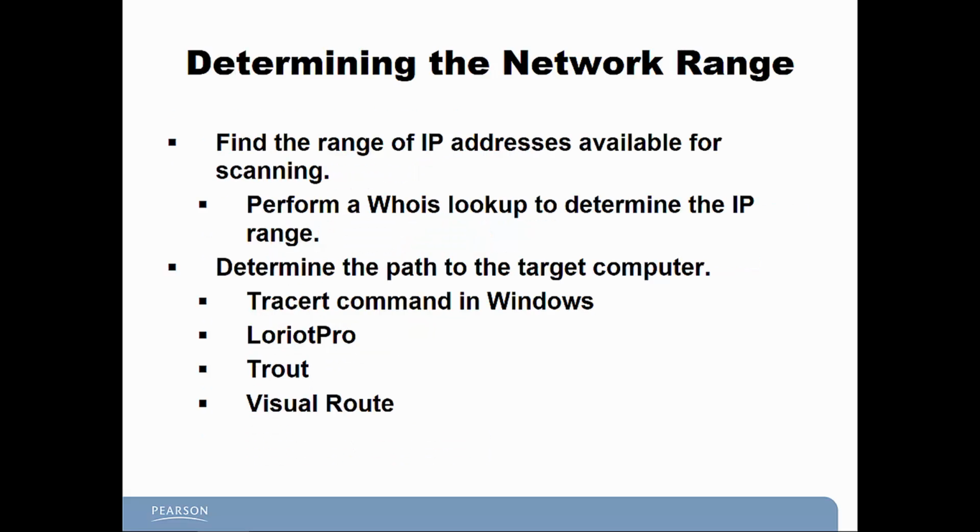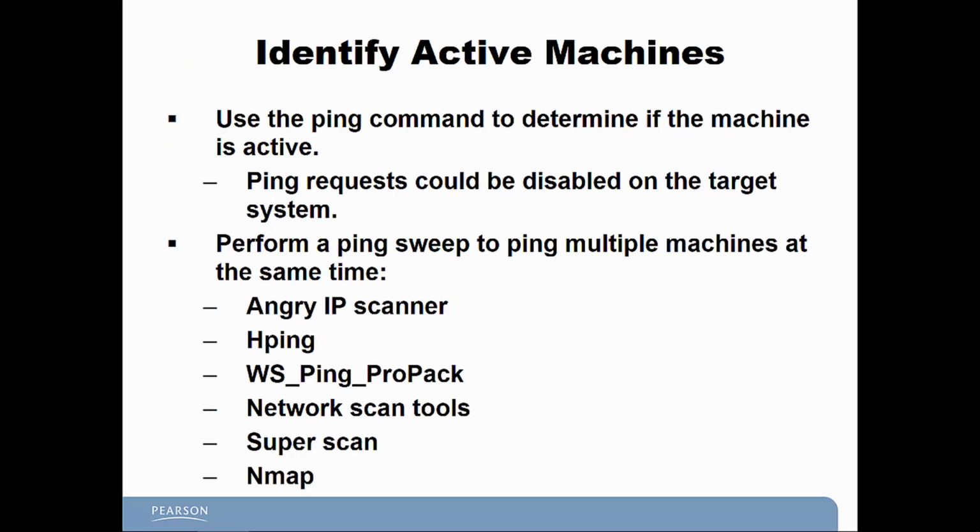Next, looking for a network range. We could use things like Trout or Neo Pro, maybe even Traceroute, which is built into Windows. The goal here is we're looking for the appropriate IP ranges that an organization has leased to them. We could do that by scanning if we have access to their network, but if we don't, there are other methods. We're going to be looking for active machines, things like HPing or Angry IP Scanner or Nmap or SuperScan.